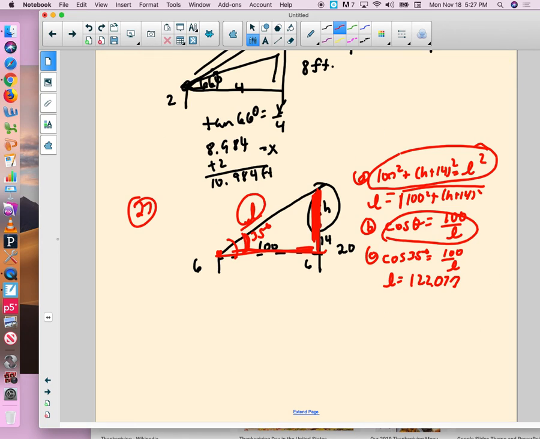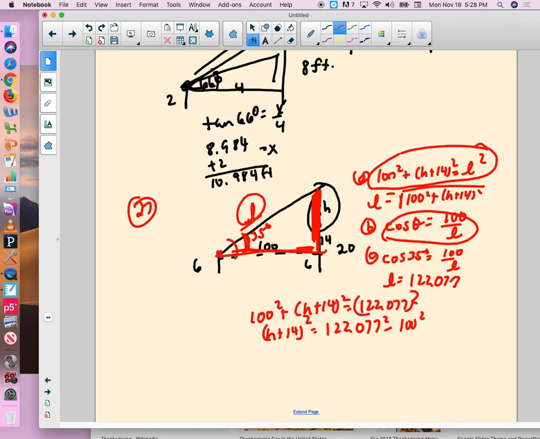So I'm going to go back and say 100 squared plus H plus 14 squared equals 122.077 squared. Solving for H, I have H plus 14 squared equals 122.077 squared minus 100 squared. You've found from me this year that I don't punch in a lot of numbers until the end.